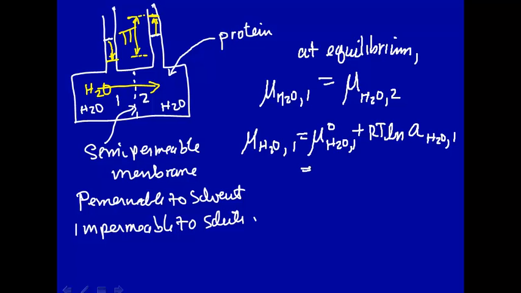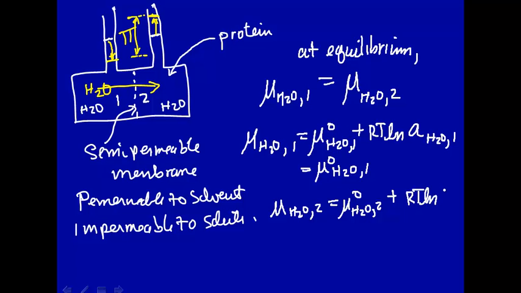So in fact the chemical potential of water on the left-hand side is just the standard state chemical potential of water in compartment 1. Now let's look at the chemical potential of water in the second side. Well, that'll be the standard state chemical potential of water in the second side plus RT times the natural log of the activity of water.